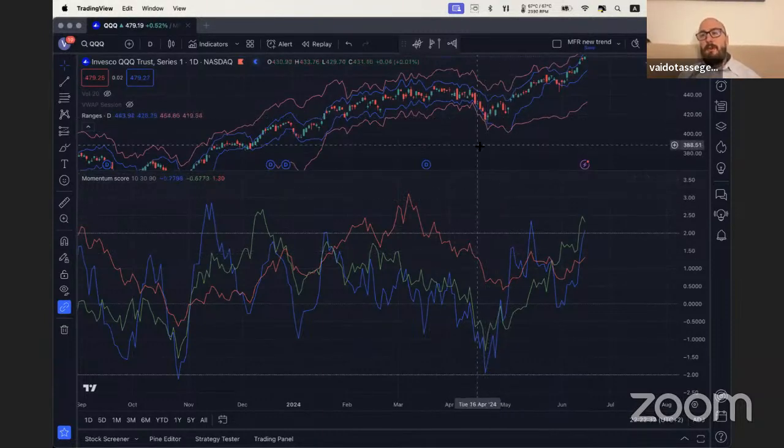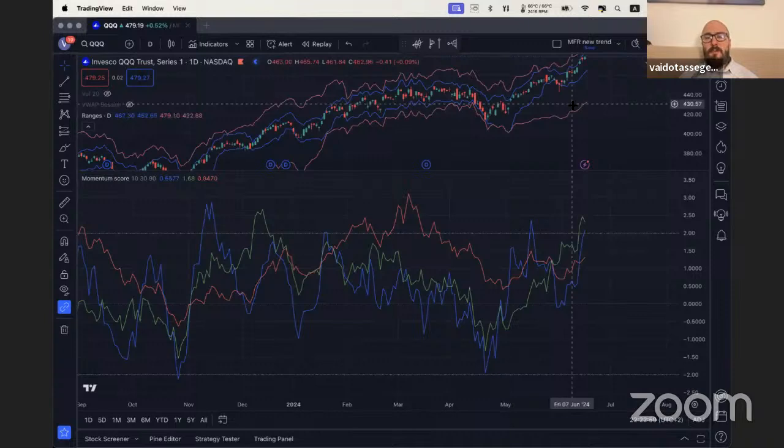But now let's forget about MFR ranges for a while. What is important is to see what direction the momentum score is moving on all time frames. So is it going up? Is it going down? Also, is it going up from oversold conditions or is it going down from overbought conditions? So how would I use it?